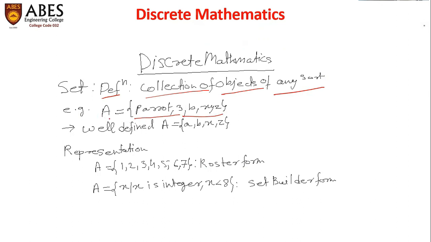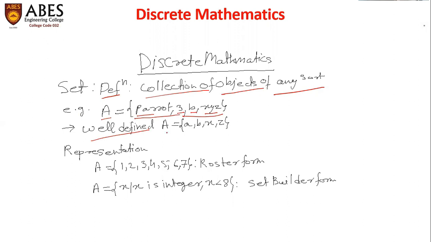Like here, I am taking an example A, which contains the elements parrot, 3b, xyz. But these elements are not interrelated, so they do not define the set A. In mathematics, a set should be well defined.